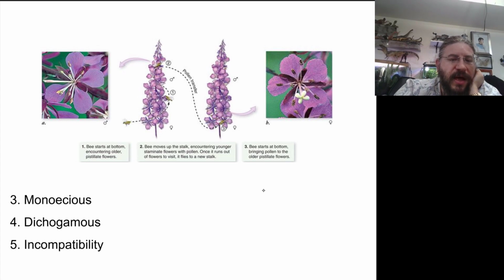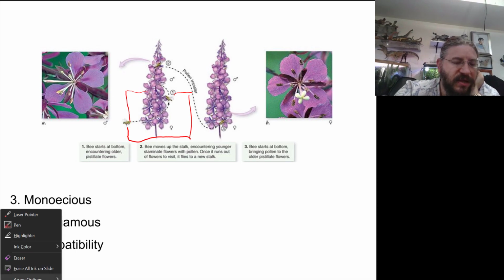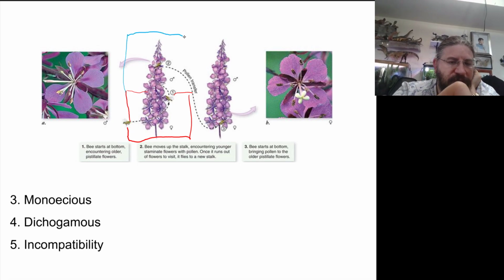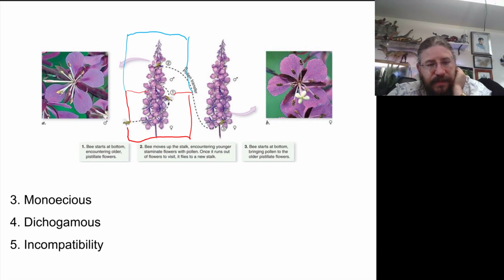Here we have our female flowers on the lower end of this spike, and the male flowers on the top end of the spike, which is pretty cool. So we have flowers on the same spike. It's still part of the same blossoming structure. All the flowers are in the same spot, but they are separately sexed flowers.